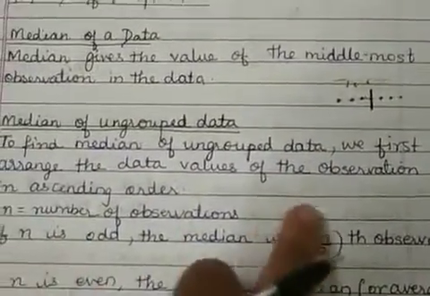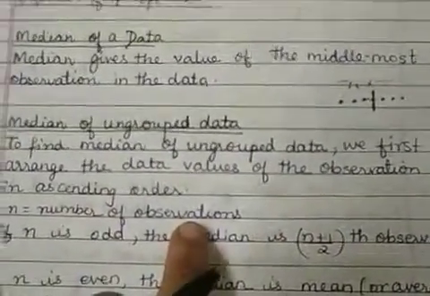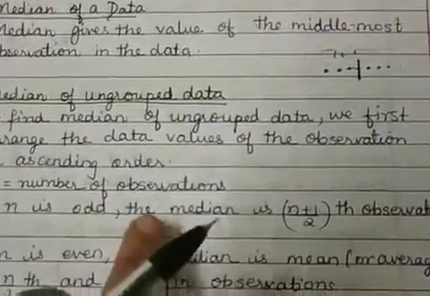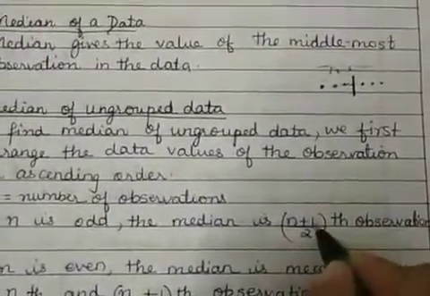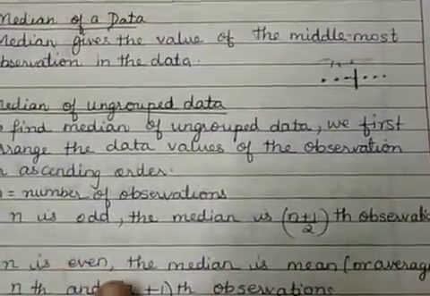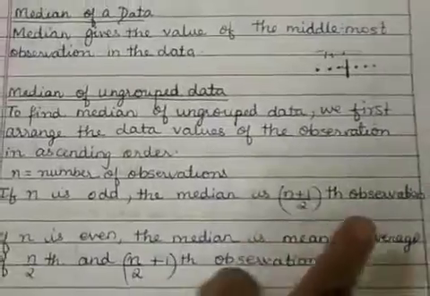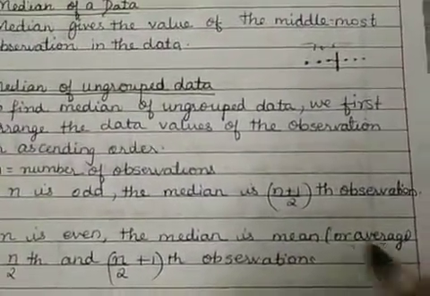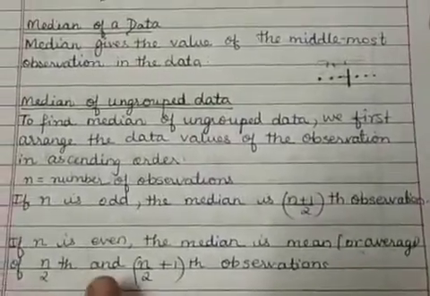Then, if the number of observations, which is denoted by n, is odd, the median is the (n plus 1) upon 2 observation. And if n is even, then the median is the mean or average of the n upon 2 and (n upon 2 plus 1)th observation.